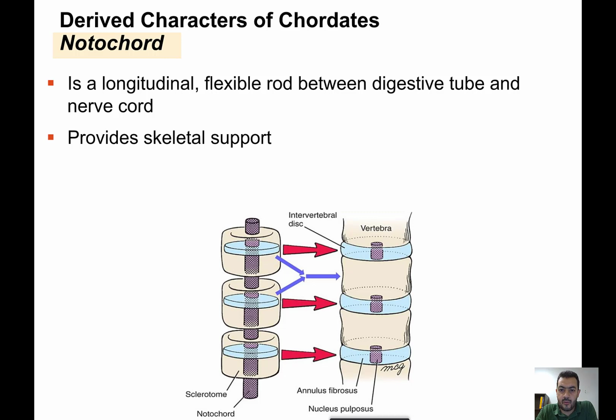Within the bony structures that make up the vertebrae, we have those intervertebral discs, and as you can see here, the notochord is there. Remember, it is made of fibrous tissue, so it does the role of shock absorption. So in summary, it provides skeletal support for the organism.